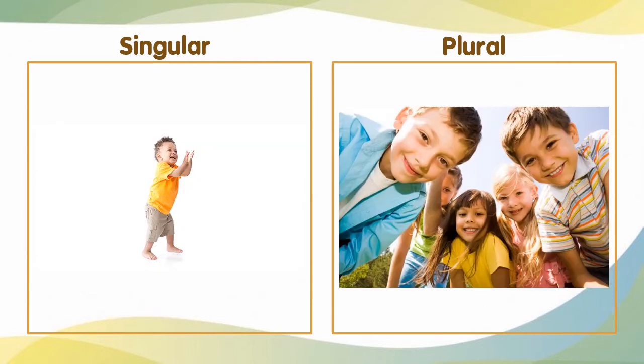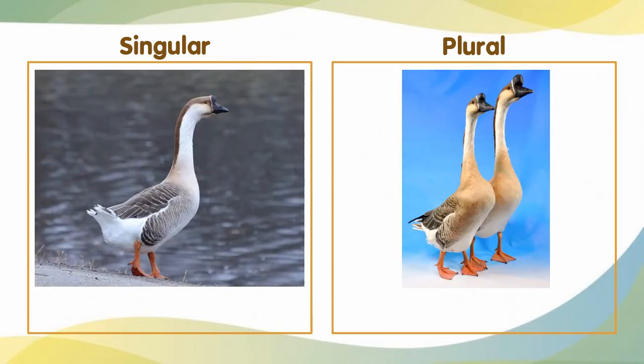The other example is child, and the plural form is children. And goose. If the goose is more than one, then we call them geese.